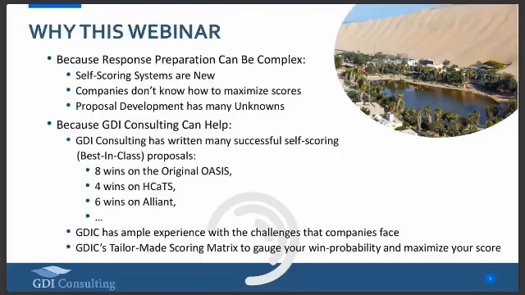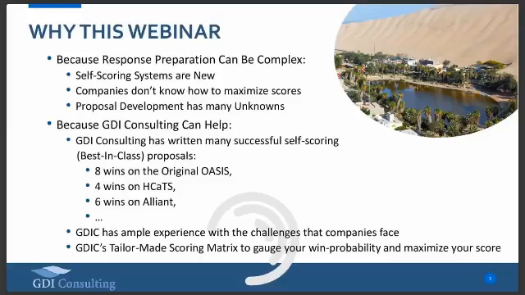Companies don't know how to address the new scoring systems and how to maximize those scores. It's not just a matter of compliance. It's a matter of putting all of your cards on the table, getting your best foot forward, and getting the highest scores. Proposal development also has many unknowns, in other words, what goes into a complete and compelling submission package.